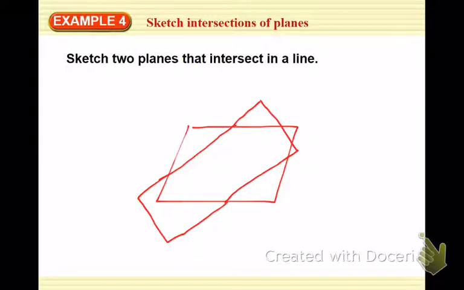Now, I would not be able to see right here. I would not be able to see right there. I would not be able to see there.